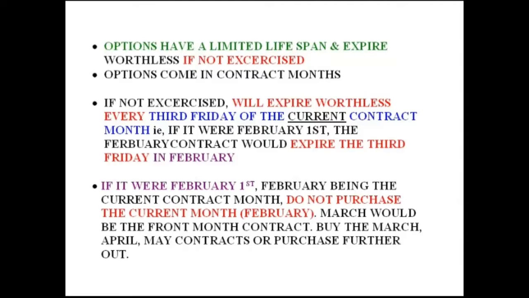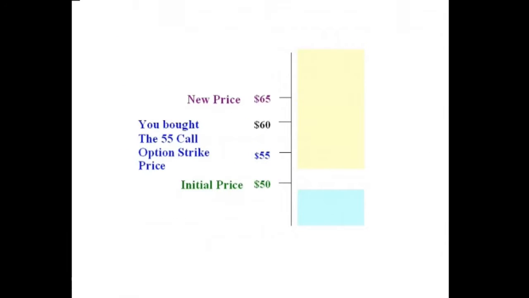Earlier, we discussed that options give the owner of the option the right, not the obligation, to buy or sell stock for a predetermined price called the strike price. For example, suppose a stock is currently $50 per share and the option you purchased was for the $55 call. Say the stock skyrocketed to $65 per share.